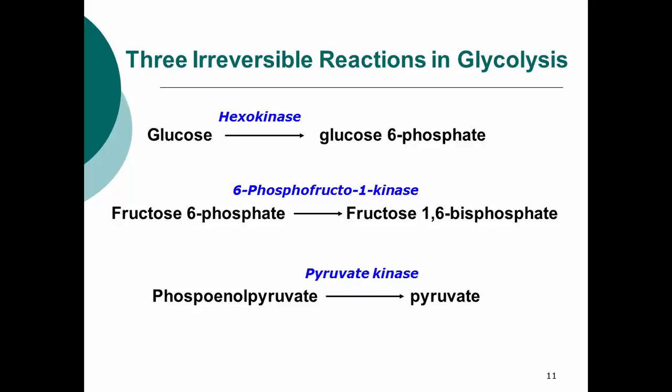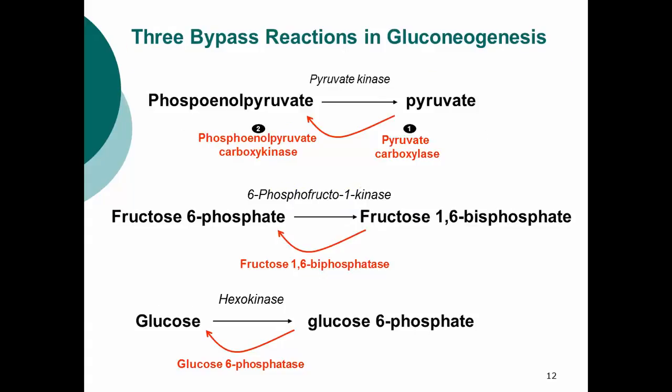And similar situation for the other two rate-limiting reactions. Again, we need a different set of enzymes to do the conversion, right? And so we have three bypass reactions in gluconeogenesis to catalyze the conversion of all these three reactions. And here are the three bypass reactions in gluconeogenesis.